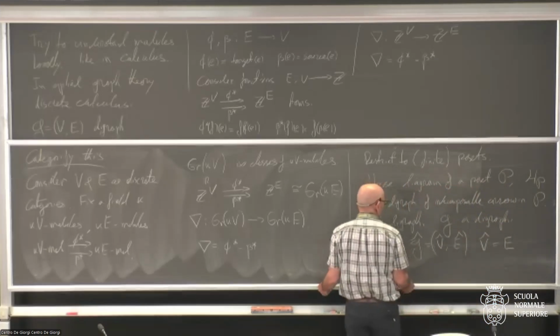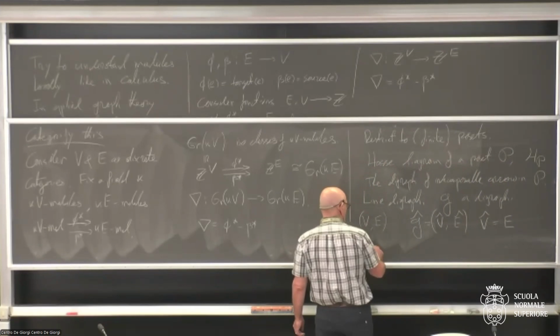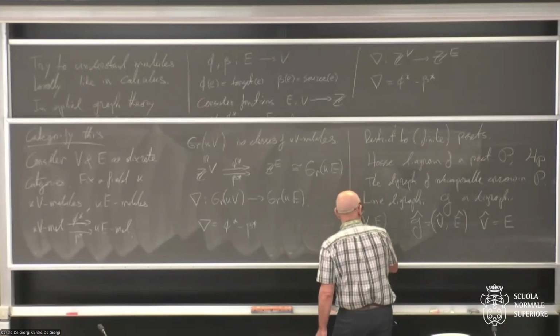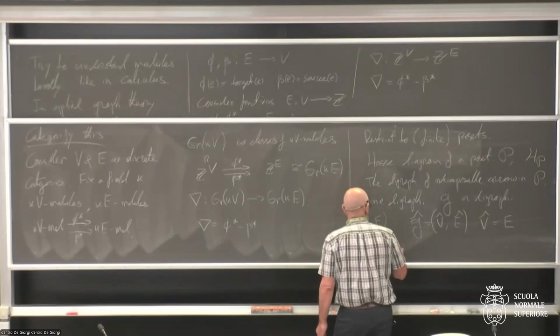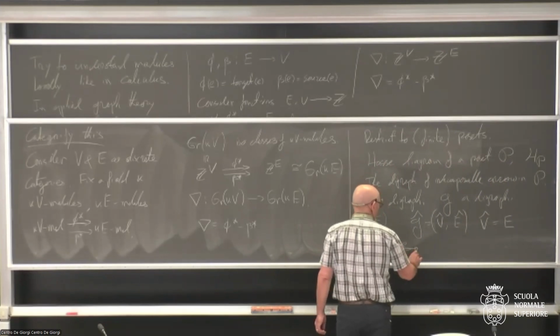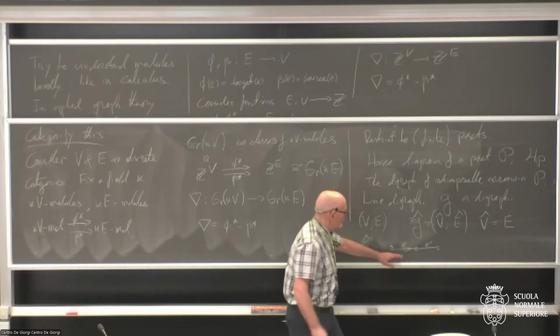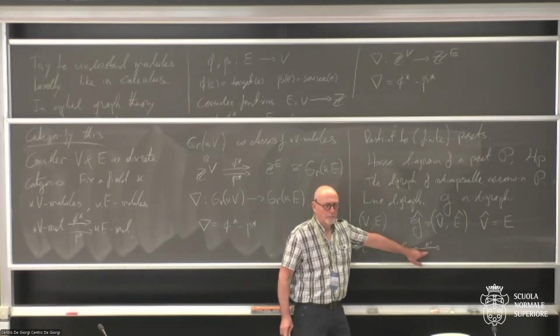Okay, and if I have two edges which are consecutive, so E hat is the following, best in the picture. If this is one edge, E, and this is a consecutive one, E prime, right? Then there's going to be a morphism from E to E prime.